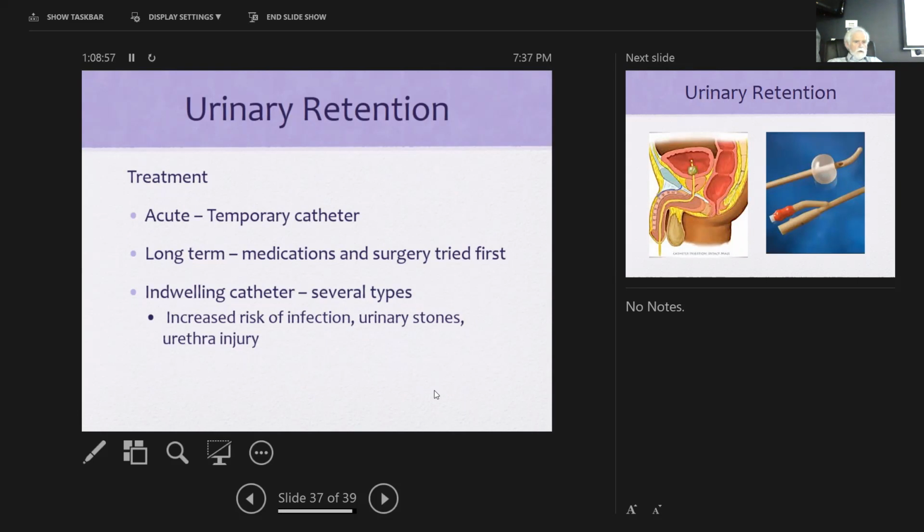We can use a catheter, and there are some for long-term use. We don't like to put in catheters. They're such a source of infection.